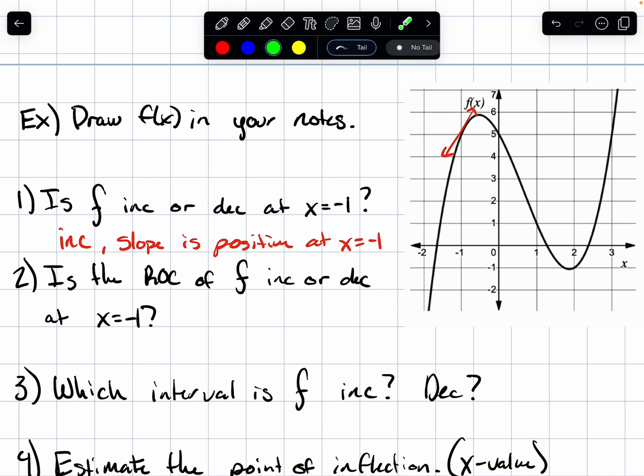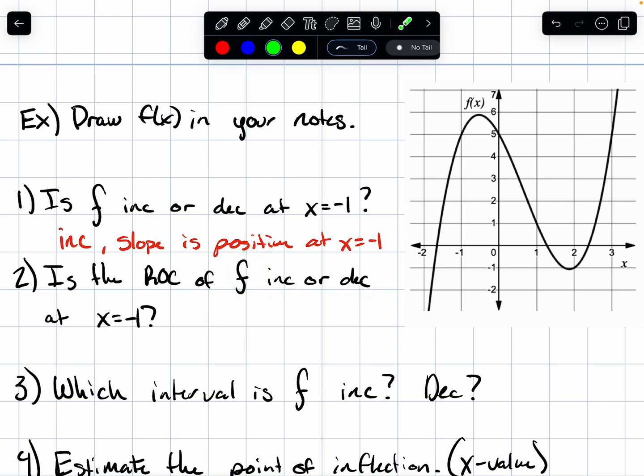So now the reason I ask you this question first is I don't want you to get it confused with question number 2. Question number 2 says, is the rate of change of our function increasing or decreasing?